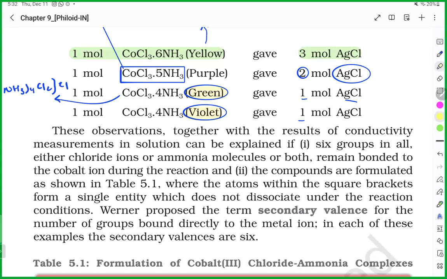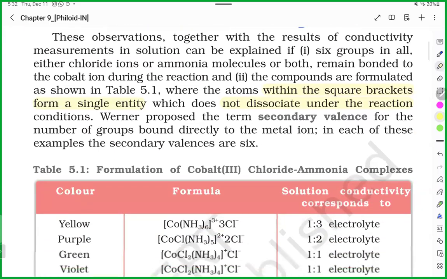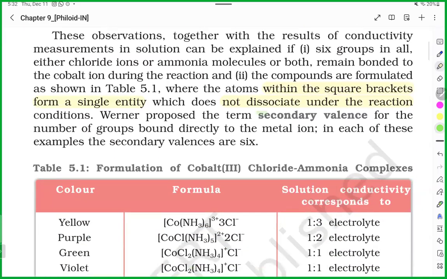Whatever is present within the square bracket forms a single entity and does not dissociate under any reaction condition. But outside can form ions, inside cannot. Make sense? And because of that, we got to know about secondary valence.